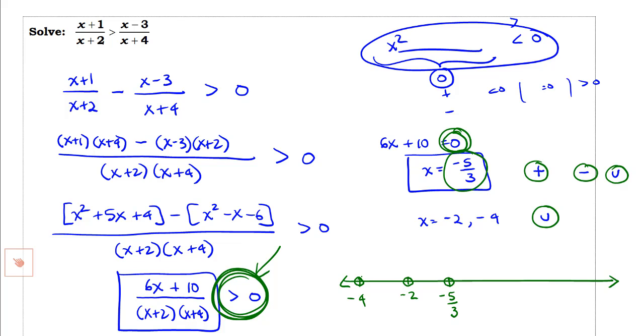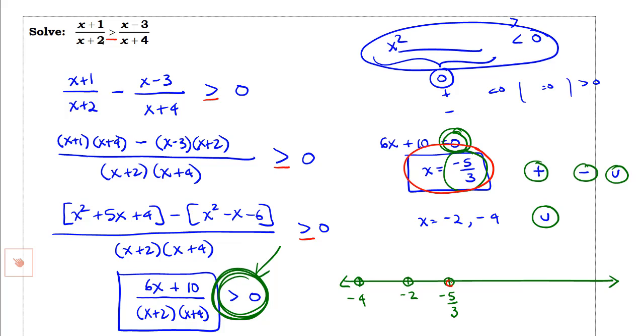Now, let me change the problem just for a moment to show you what to be careful of. If I change this to or equal to, there are people in the class that go, oh, no, you fill them all in. That's the rule. If it's or equal to, you include everything. Wrong, wrong, wrong. Don't use rules. All that means is that the top can be 0, right?